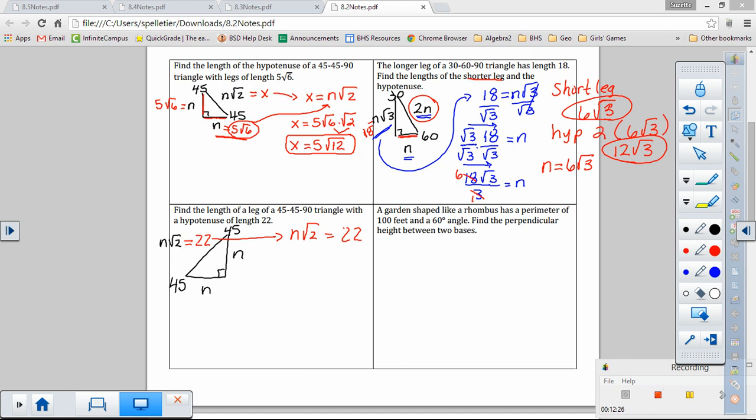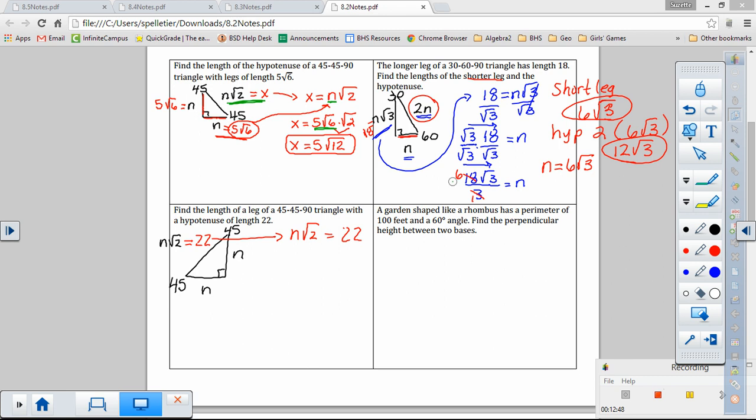So what you're doing each time is you're labeling all the sides, and then you're figuring out which one is an equation. I need to solve that one. So in the first example, the n square roots of 2 is equal to x. That was our equation. And we plugged in a value for n right here to then solve.